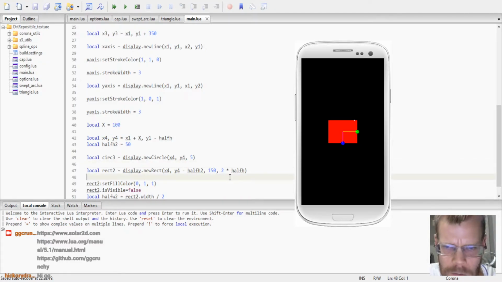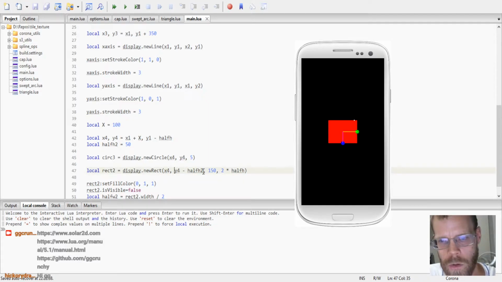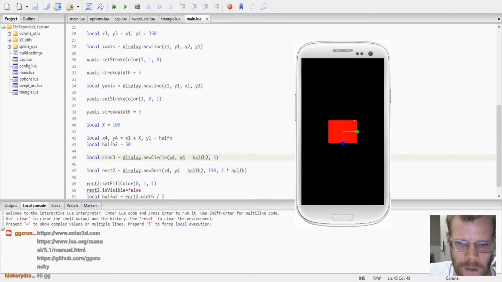So I'm just 2 times half the height. Y4 minus, so the y4 is where I think it should be. It's right there. But if I move back to that spot, I'll be there.